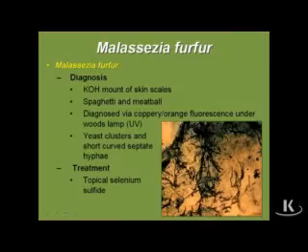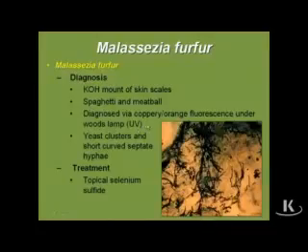Now, diagnosis for Malassezia is a KOH mount, and what happens is you're going to see two things in that mount. You're going to see short, round yeasts and little kind of curved hyphae. And the buzzword for that is spaghetti and meatballs. So you have a spaghetti and meatball stain.